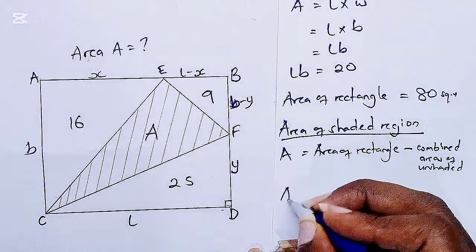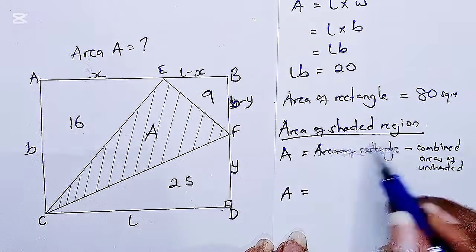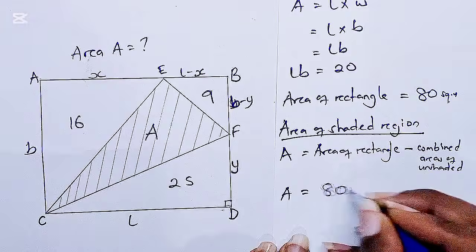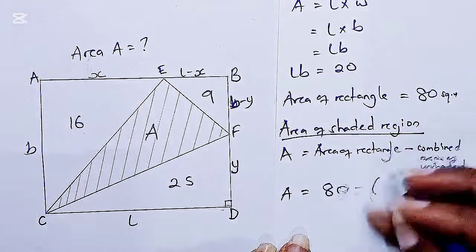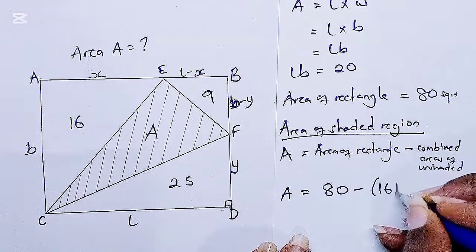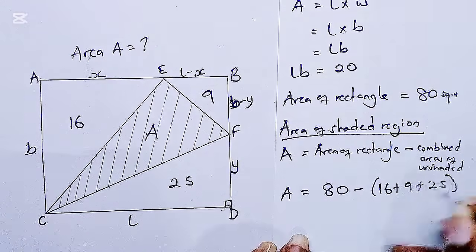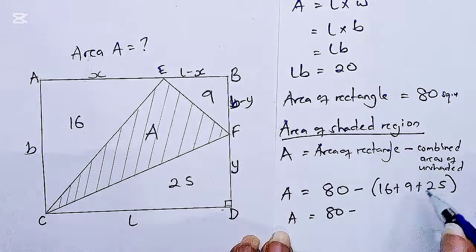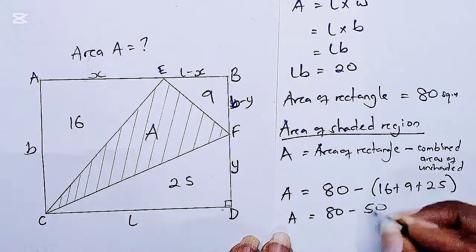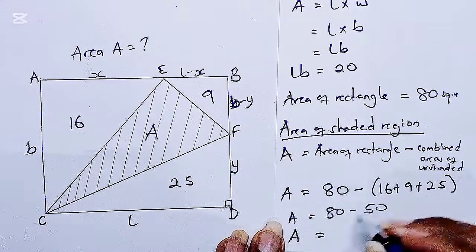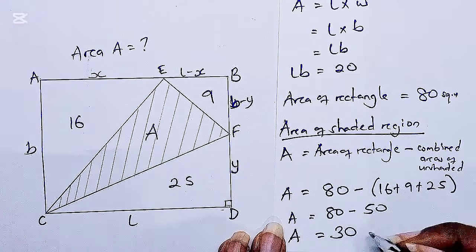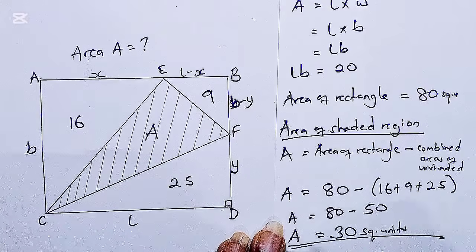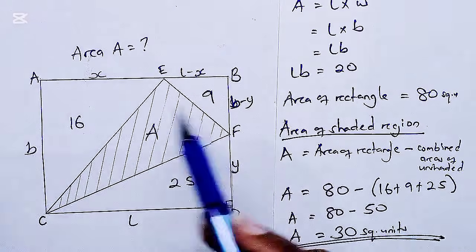The area of the rectangle we've said is 80. So 80 minus the combined areas of the unshaded triangles, which is 16 plus 9 plus 25. Therefore, the area is equal to 80 minus 50, which gives us 30. So this is 30 square units, the area of the shaded triangle.